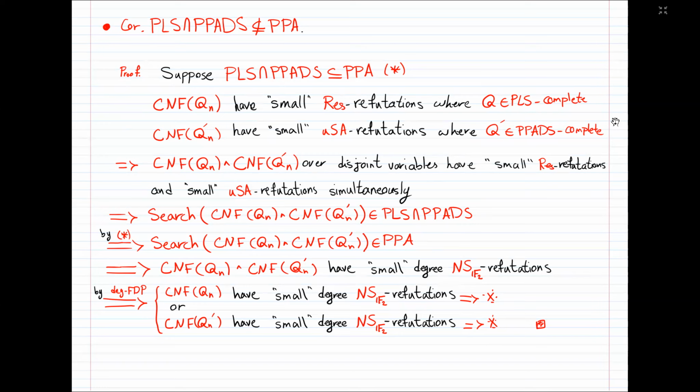And by the feasible disjunction, either CNF Q_n has a small degree Nullstellensatz refutation over F2, or CNF Q prime_n does, which we know cannot happen by known proof complexity lower bounds. And this completes the proof.